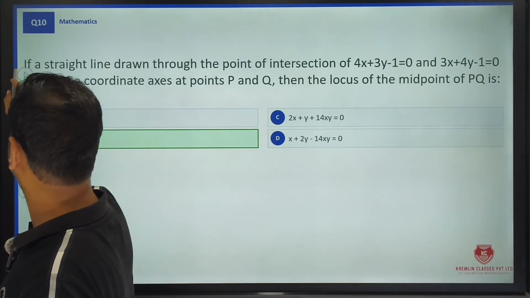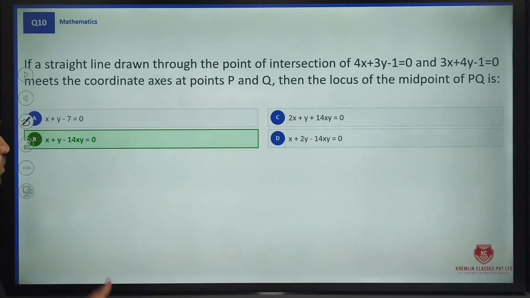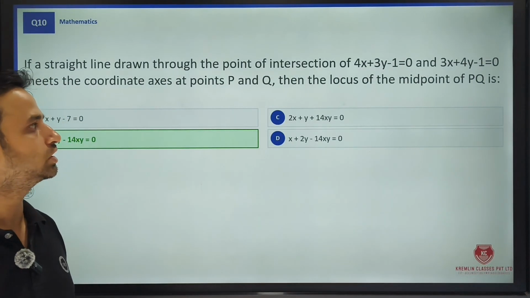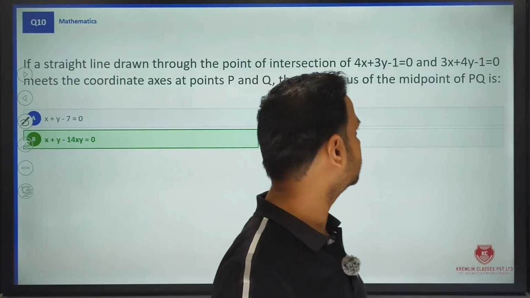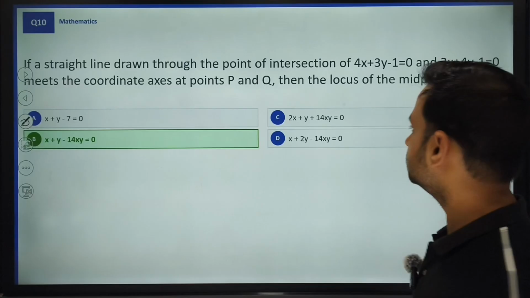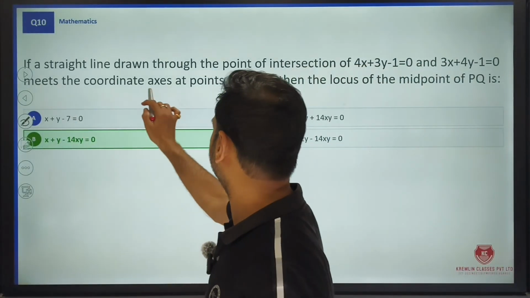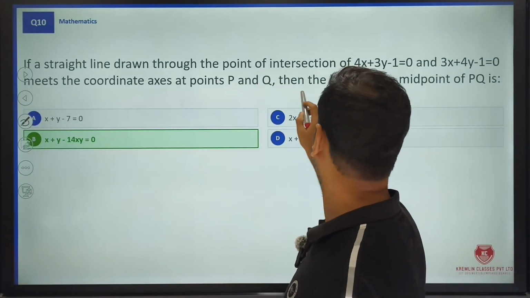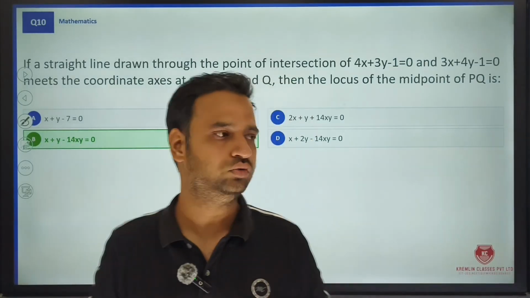Let us go to the 10th question. If a straight line drawn through the point of intersection of 4x plus 3y minus 1 equal to 0 meets the coordinate axis at points P and Q, then find the locus of the midpoint of PQ.